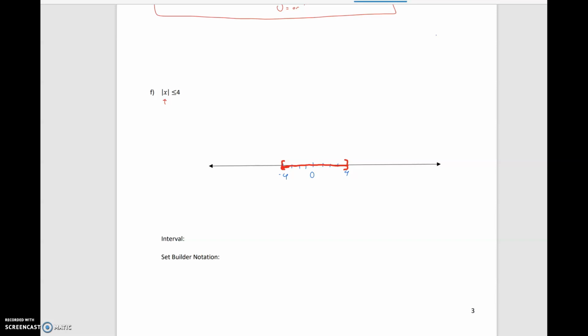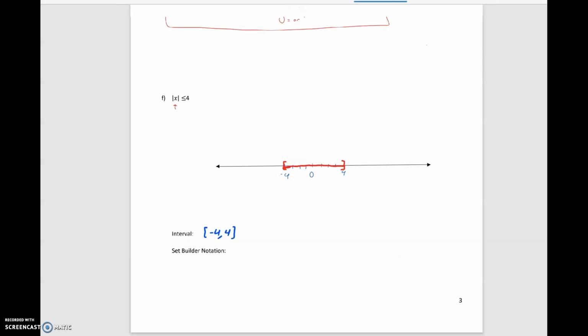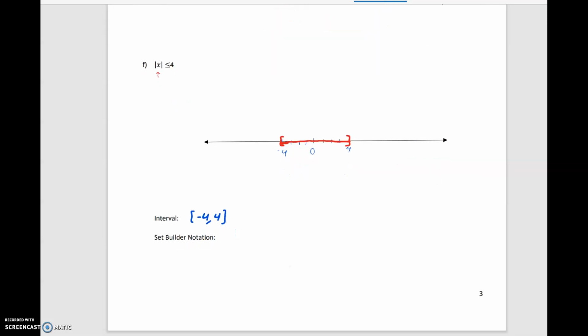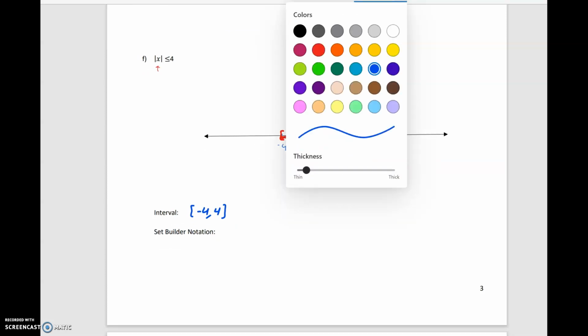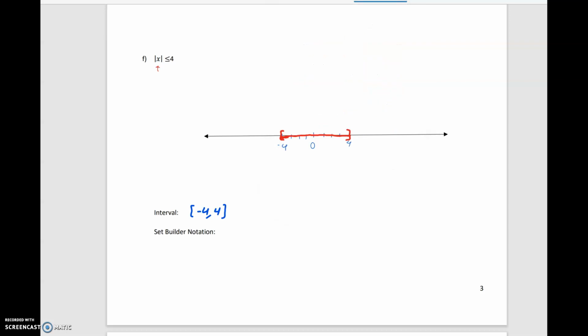Your interval notation is going to have bracket, negative 4, comma, 4. Notice that we're not including the infinities because it has an upper bound of 4 and negative 4. Set builder notation, well, we could do that one in a similar manner as the previous one.